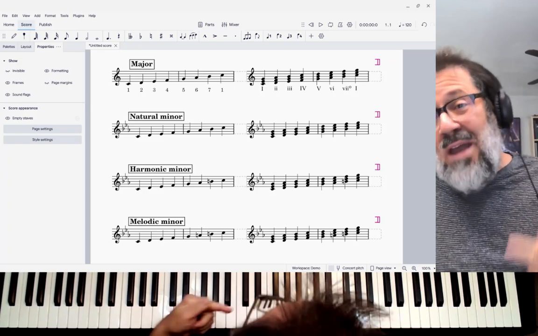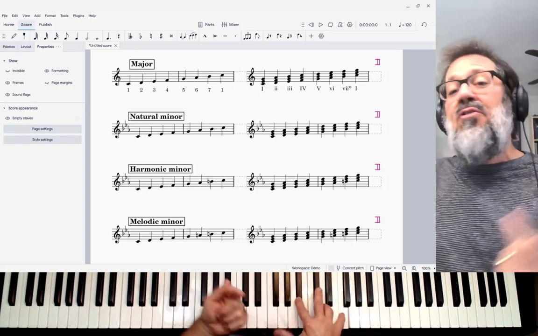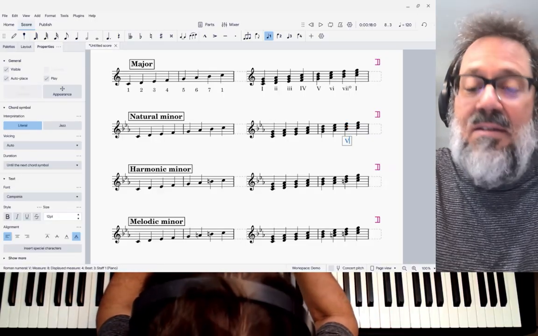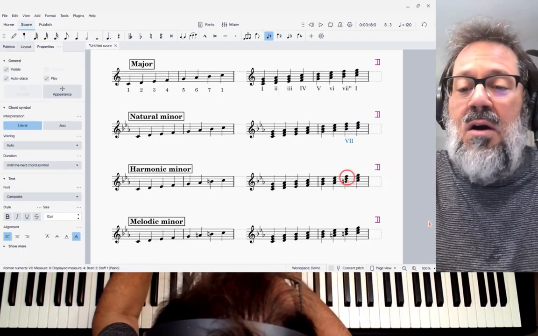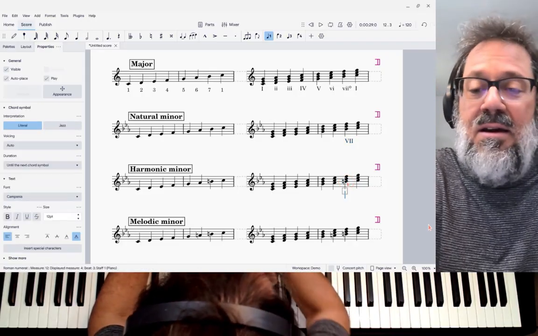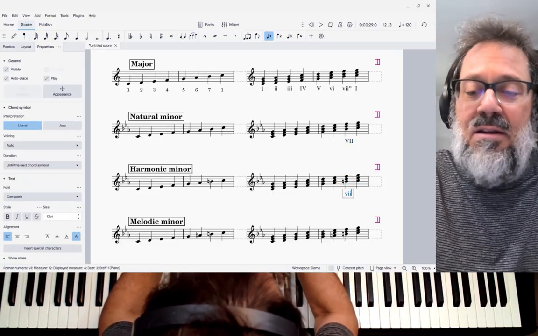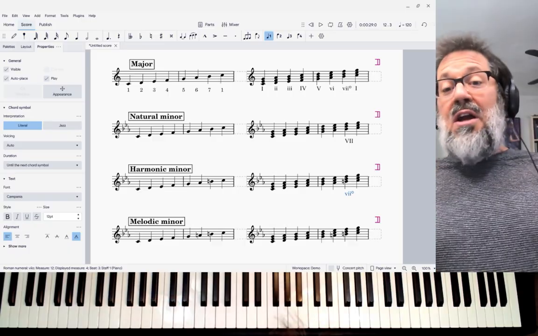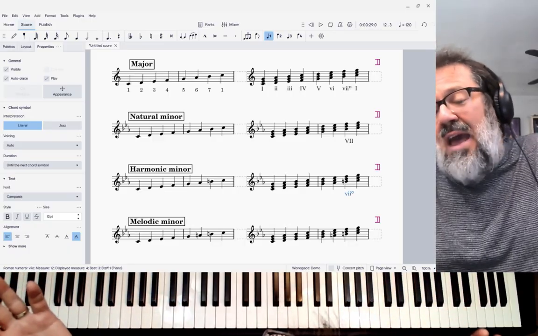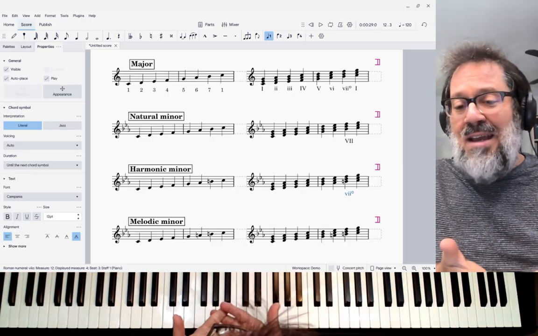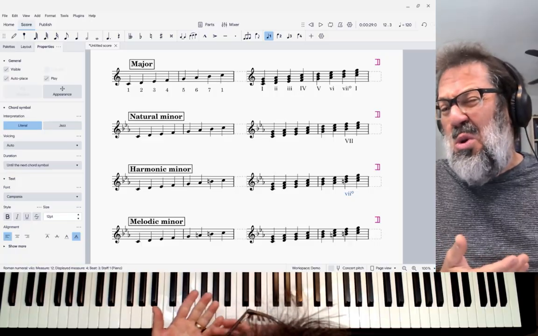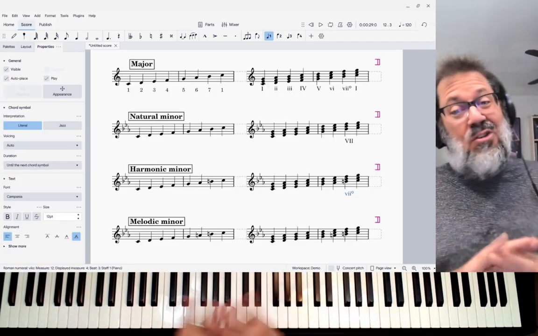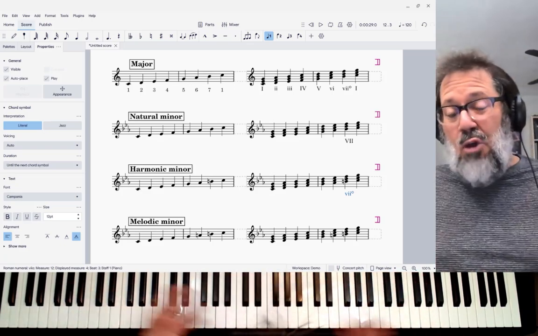The traditional way of labeling this would be to call this one capital 7, as in VII, but we'll call this one lowercase 7 diminished, because this is B flat major, this is B diminished. So we're still calling them both 7, but one of them is capital and major and the other one is lowercase and diminished, and that's how we would know to use B flat or B. And yes, this is traditional. It's the way it's generally been done for a long time.